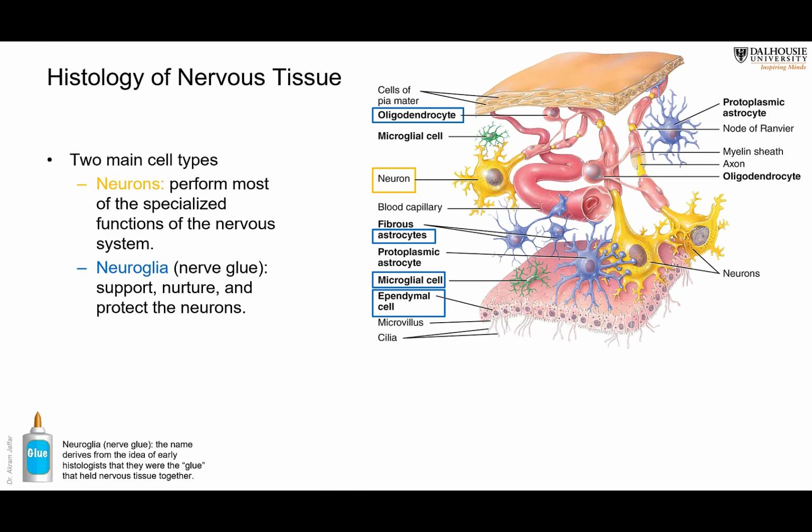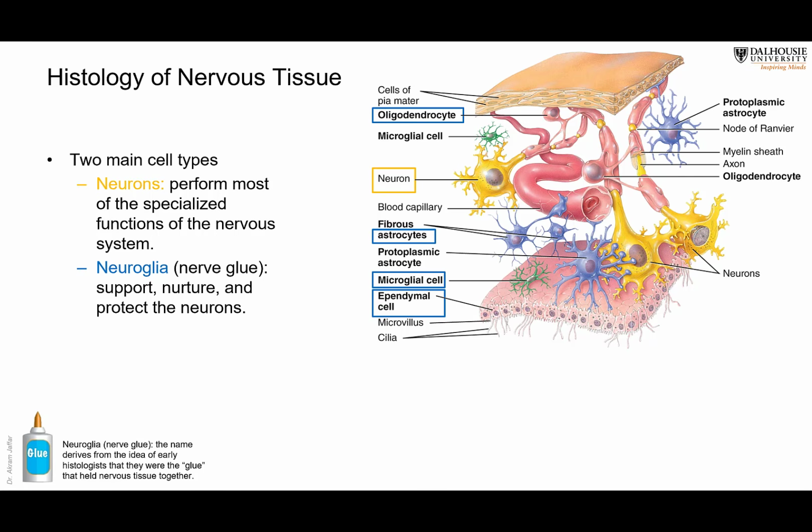Now, let's go with the actual histology of the nervous tissue. In the nervous tissue, there are two main types of cells. There are the neurons, which are the specialized, functional cells of the nervous system. They are the excitable cells that transmit impulses. And there are the neuroglia. The term neuroglia means: neuro means nerve, and glia means like glue.